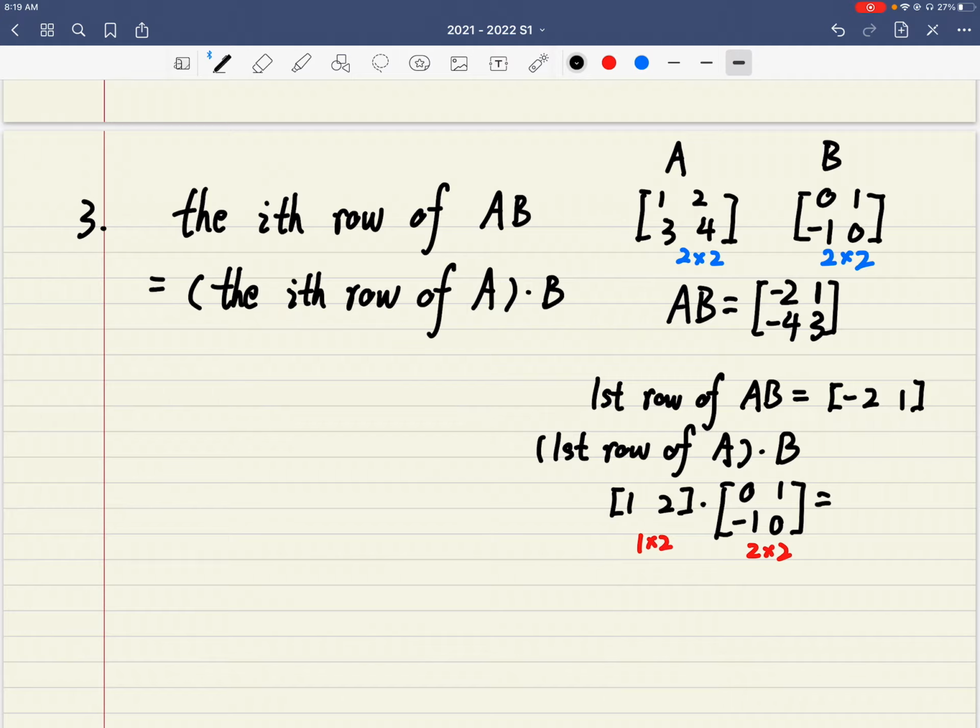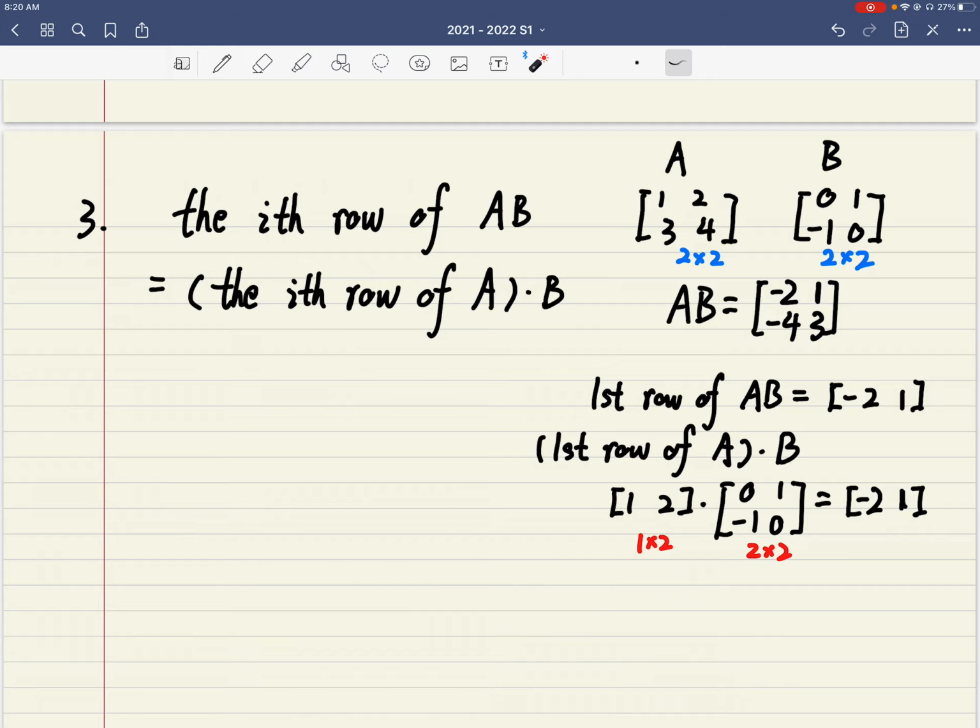The result is going to be a 1 by 2 matrix, and the first entry is going to be first row times first column. So it's 1 times 0 plus 2 times -2. It's -2. Then the second entry is the first row times second column. So the result is 1. You can see these two are exactly the same.